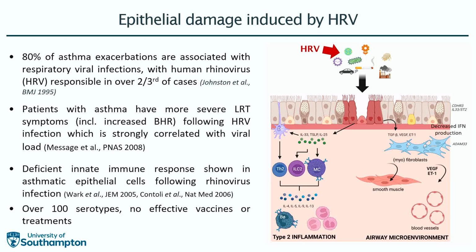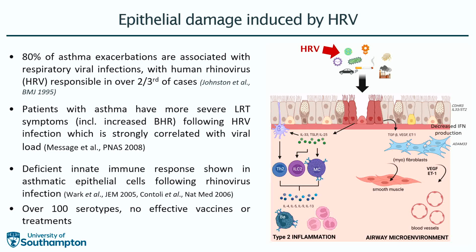An example of epithelial damage is induced by human rhinovirus. We are aware that over 80% of asthma exacerbations are associated with respiratory virus infections, with over two-thirds of cases associated with human rhinovirus.